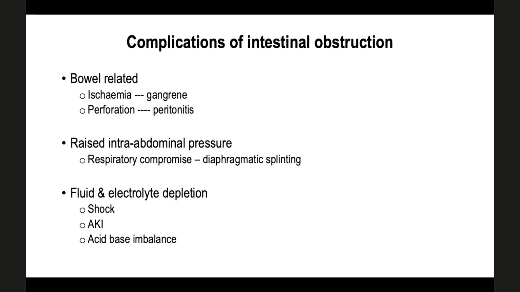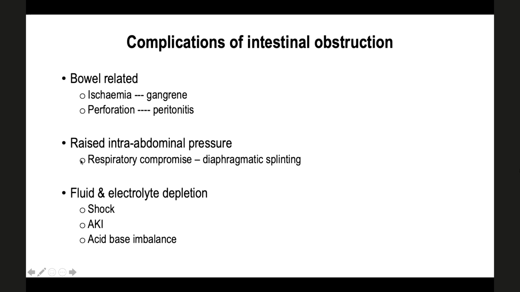So if somebody is a smoker, has chronic obstructive pulmonary disease, if they have further compromise of their respiratory function, because they've got a very small reserve, then it can cause significant problems.